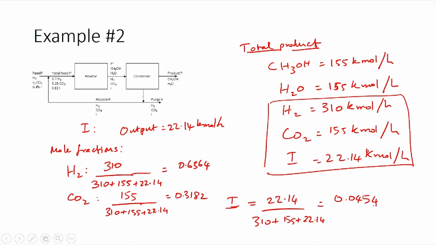Now that we have the mole fractions of the stream leaving the separator, we also have the information about the mole fractions and compositions of the recycle stream and the purge stream.